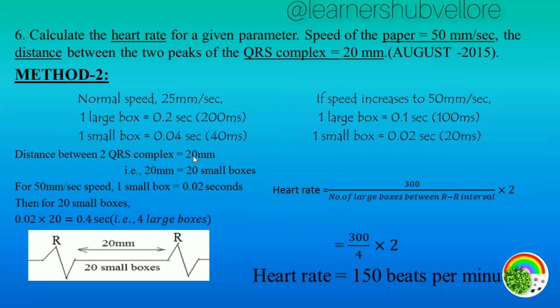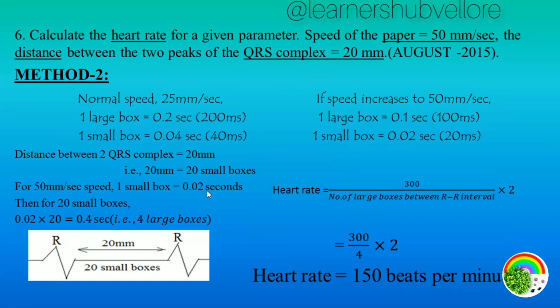So the distance between two QRS complexes, 20 mm given in the question, means 20 small boxes, because 1 mm is one small square. For 50 mm, one small box is 0.02 seconds.